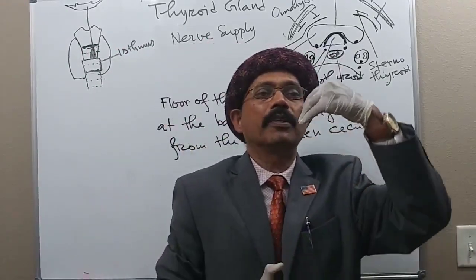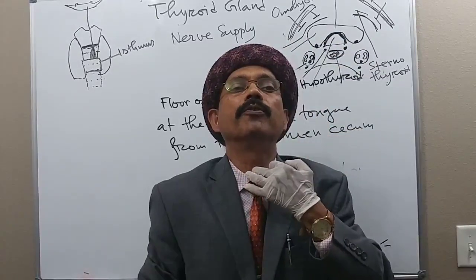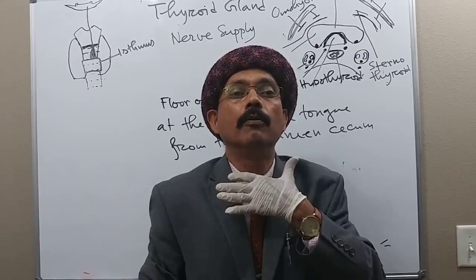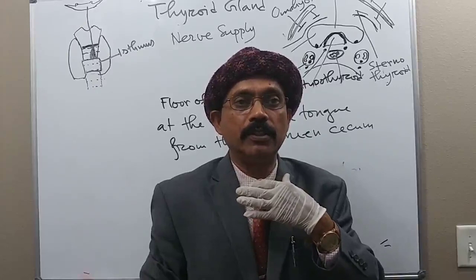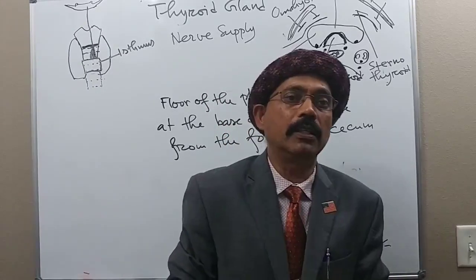Then from the tongue it goes down in front of the hyoid bone, in front of the thyroid cartilage, in front of the cricoid cartilage. Then it is localized around the upper part of the trachea.